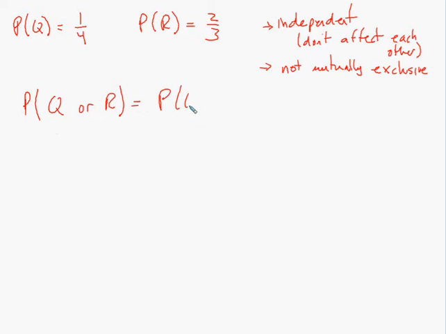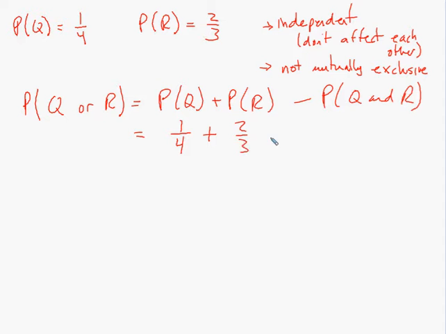That's going to be probability of Q plus the probability of R minus the probability of both of those, Q and R. So I have Q as 1/4 plus R 2/3 minus, okay, I multiply those and get 2/12.